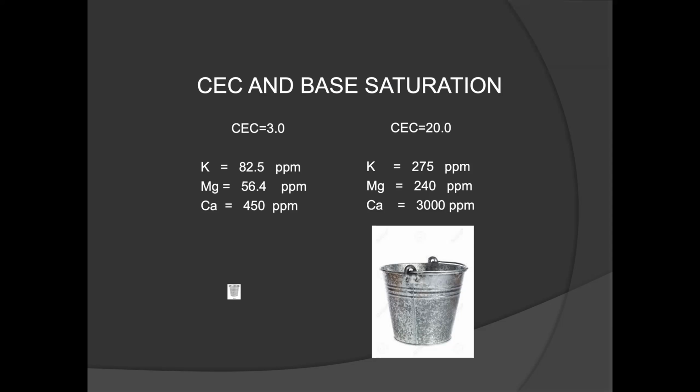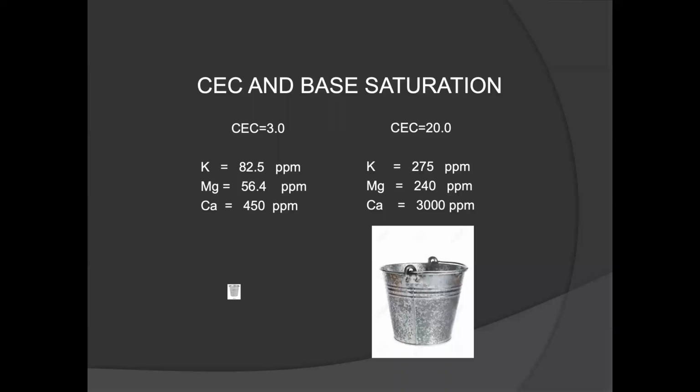And a 3 CEC soil is a very sandy soil at that point. So you really want to try to support things. Whereas on a 20 CEC, if you fulfill that and keep those numbers up, you just have to maintain them. You don't have to constantly go in and put all the nutrients back every year, because with the 3 CEC you're not going to have the support for it.